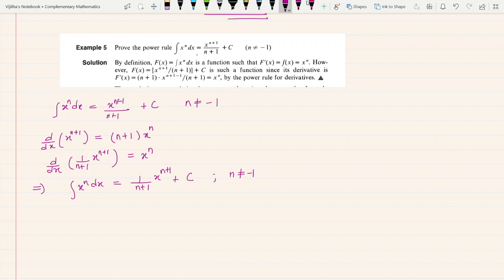For example, suppose you want to find integral 1 by x square dx. Here also we can apply the power rule, because 1 by x square is x raised to minus 2, dx. By the power rule it is x raised to minus 2 plus 1 by minus 2 plus 1.